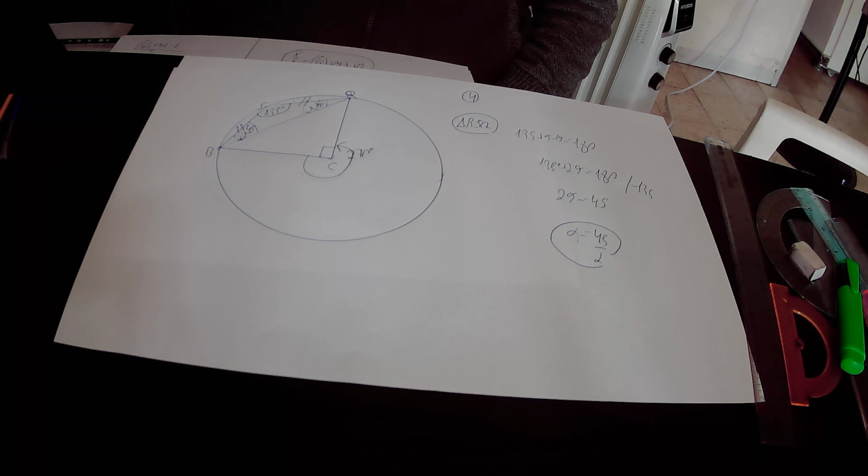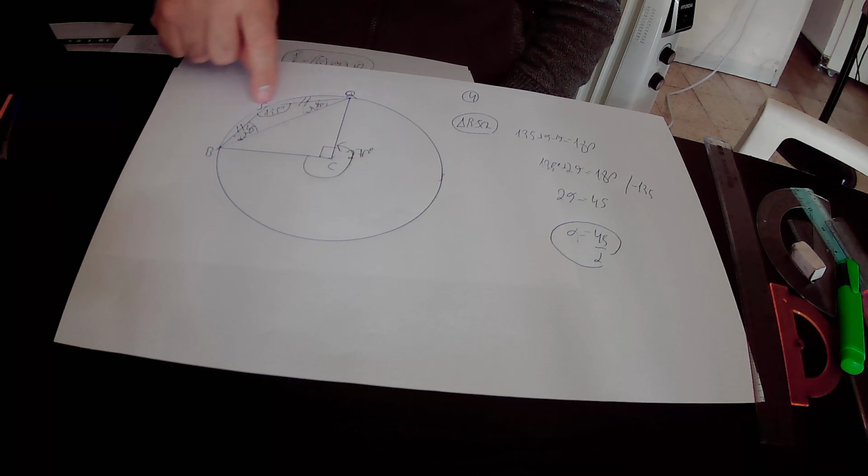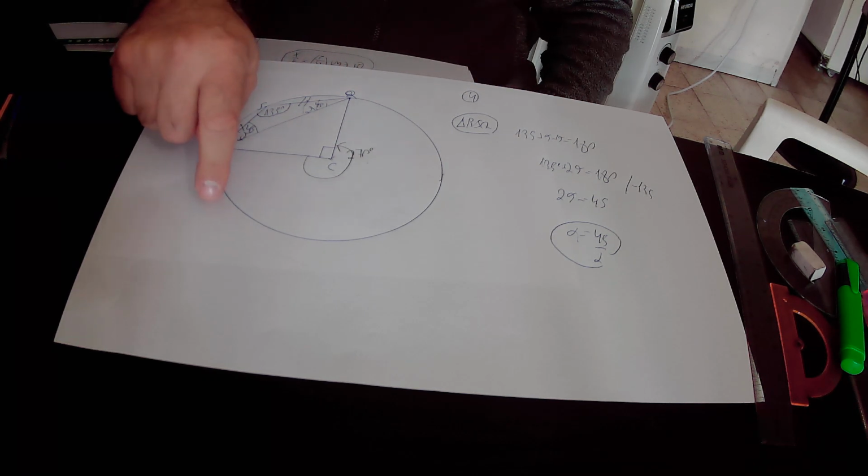So the peripheral angle QSB subtends on the same arc BQ.